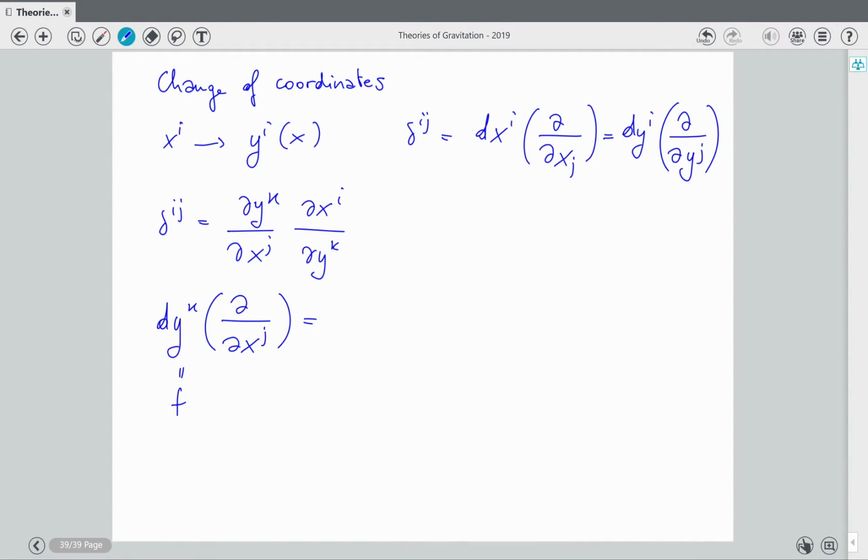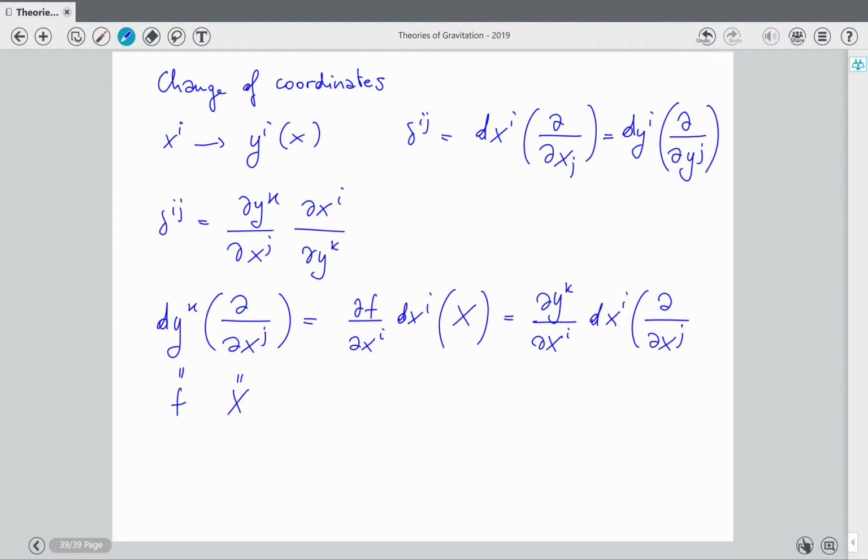So this is f, this is x, so this is df over dxi acting on x. This is the definition. f is yk, so let me write partial yk divided by partial xi, times dxi acting on x, but the derivation x is just partial over partial xj. And that is delta ij.